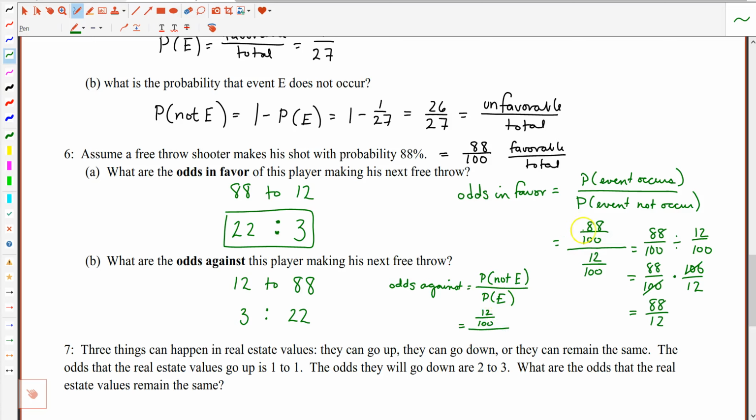The probability that he makes this free throw would be 88 out of 100, or 88%. And then again, if you ran through this very similar process, you would get the final fraction 12 to 88, which then you pull that out, you would list that numerator first, then you would use the colon or the word to, and then that number next. Just remember your final answer should always involve the colon.